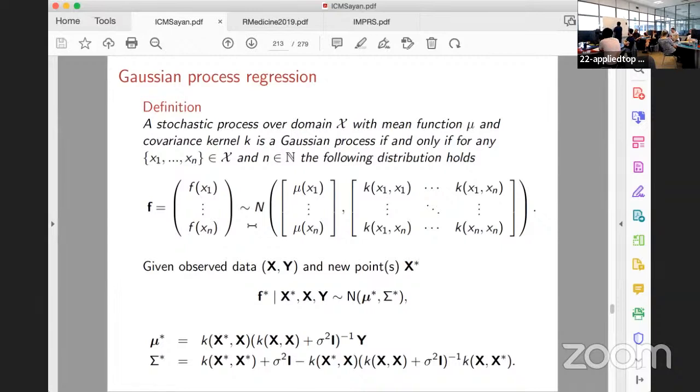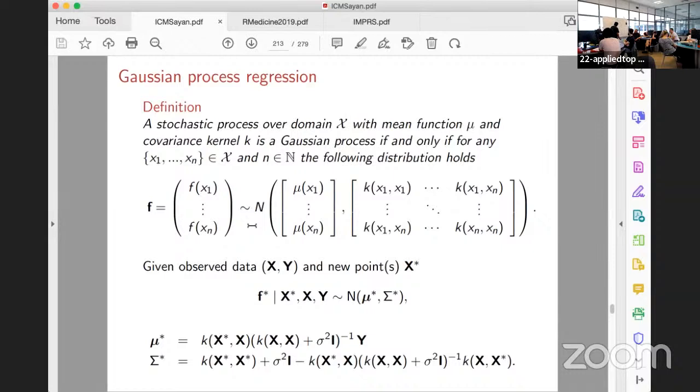So what I might be interested in is f of x star. So I might be interested in learning this function.